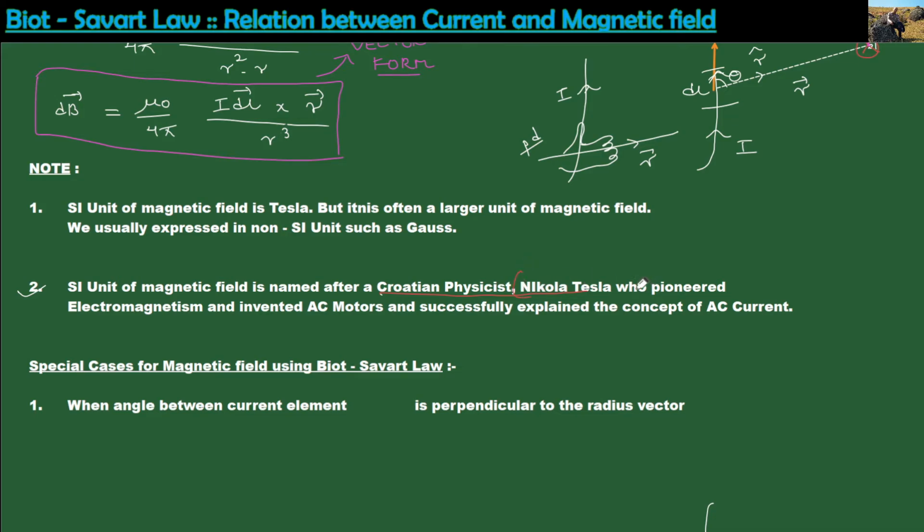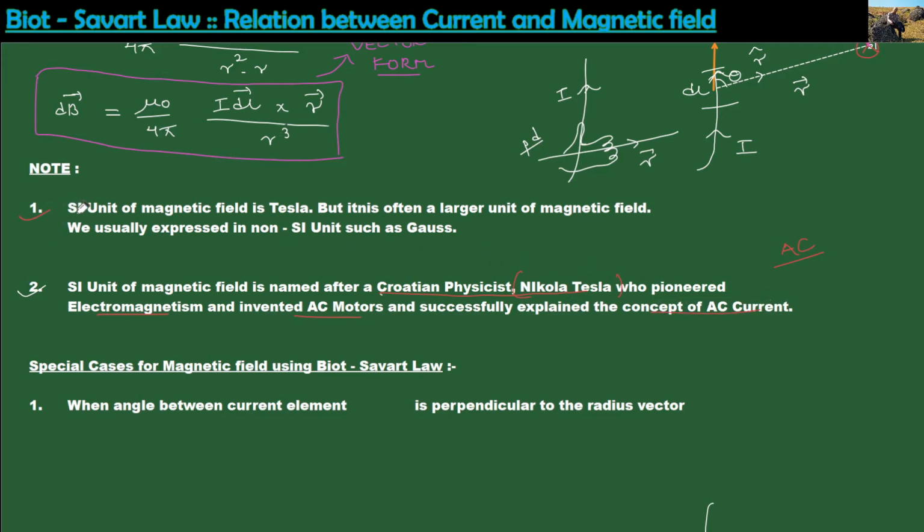This person is very important in the branch of electromagnetism, and it is because of him that we have the technology of AC currents. He pioneered electromagnetism, invented the AC motors and explained the concept of AC current.